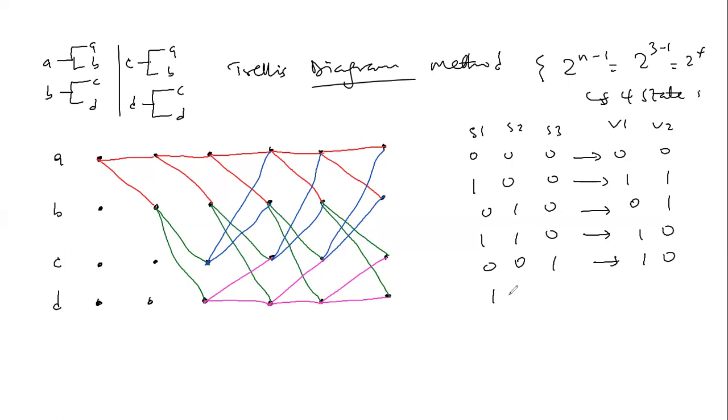Then we have 1, 0, 1. Then that should give us 0, 1. 0, 1, 1. We already used this, we already derived this using the state diagram approach, 1, 1, 1. So I'm just repeating the 0, 0.